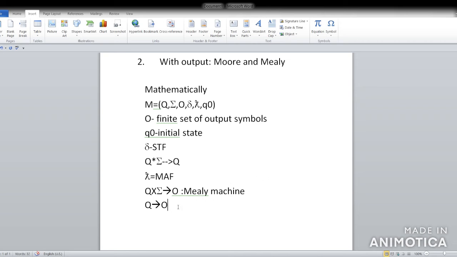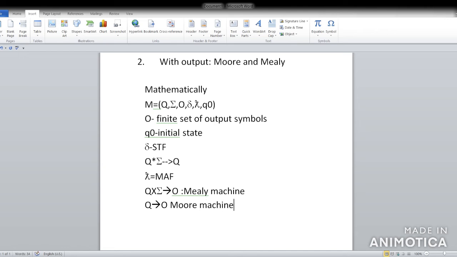So here output is just function of state, and here output is function of state as well as input symbol, right? So there is only difference in the machine function in Moore and Mealy machine. So this is Moore machine. Here the state directly gives the output.